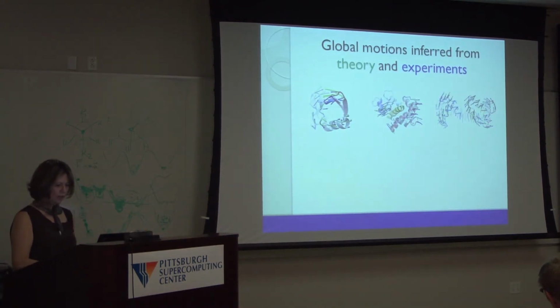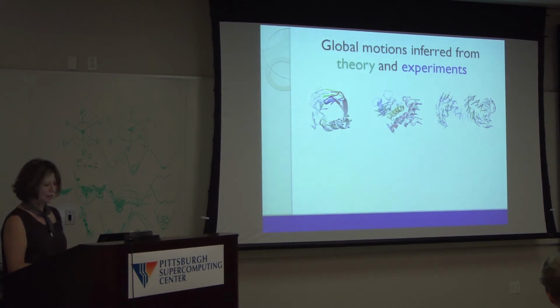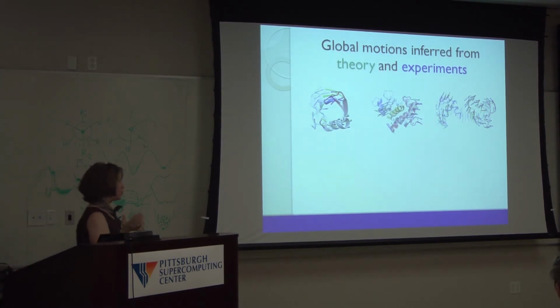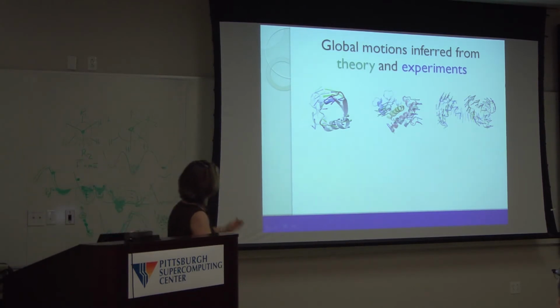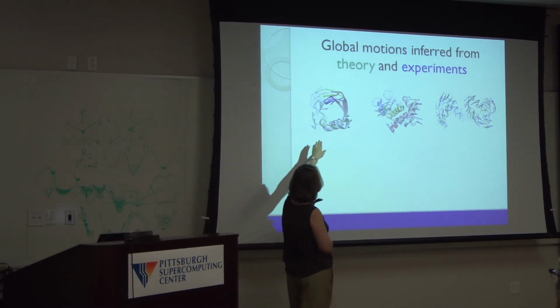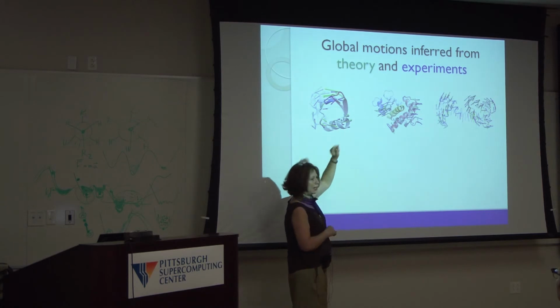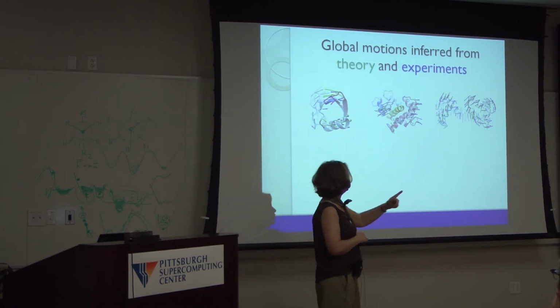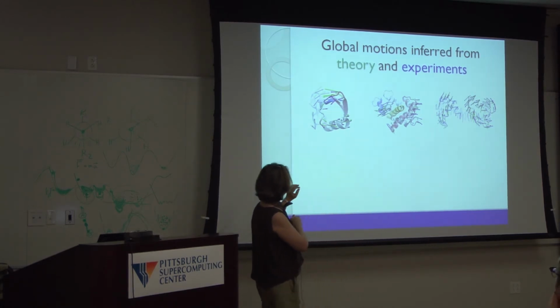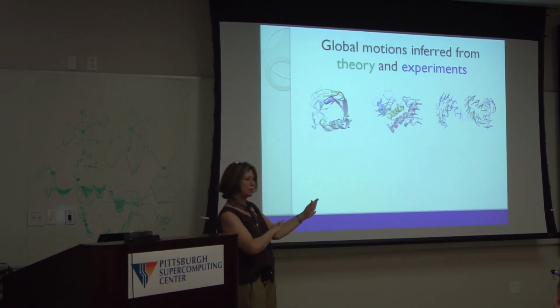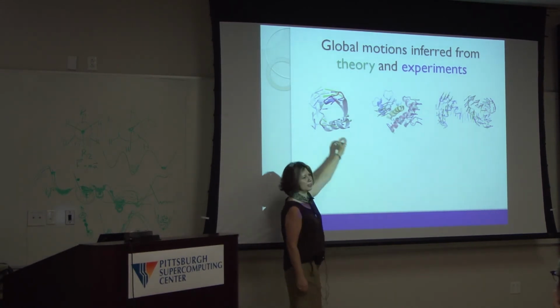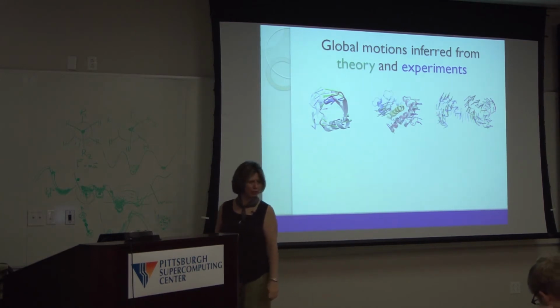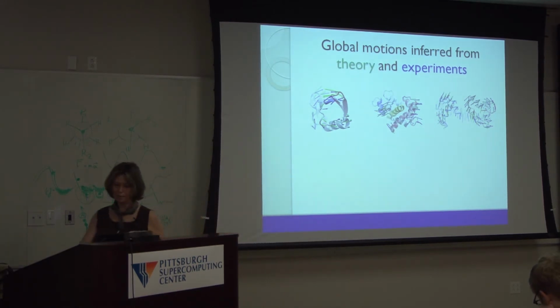Now, this type of analysis, this is from a study of Ahmed, we have been applying to a series of proteins. And here you can see the pairs of arrows actually correspond. One is the experimental principal mode. The other is the ANM, an anisotropic network model mode, okay?